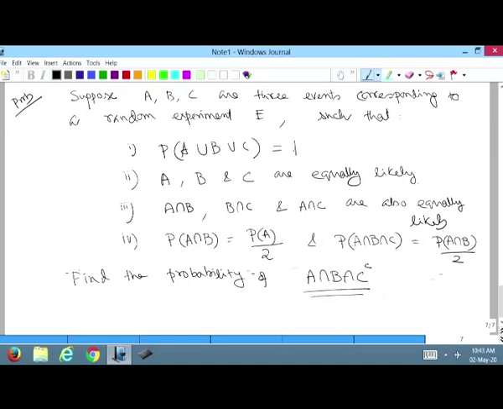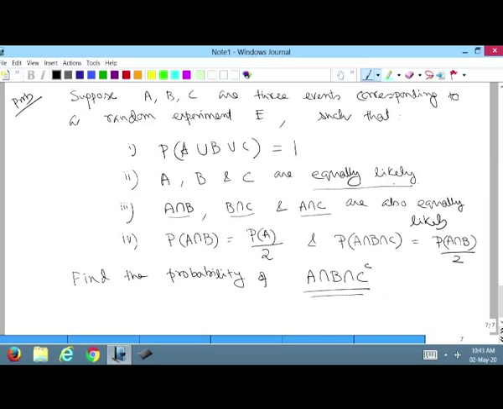is equal to 1. That means they cover the entire sample space, but it is not that they are disjoint. That is, A intersection B, B intersection C and A intersection C can have positive probability. And what do you mean by equally likely?